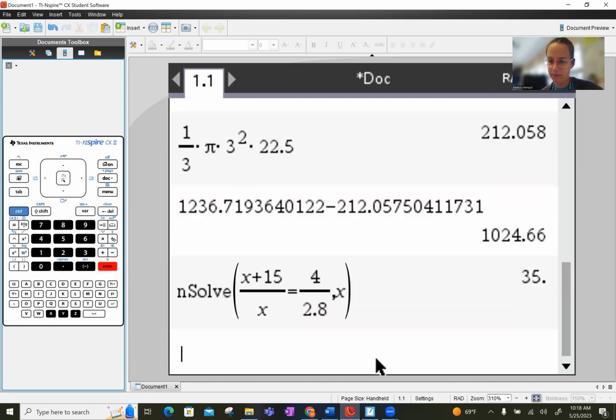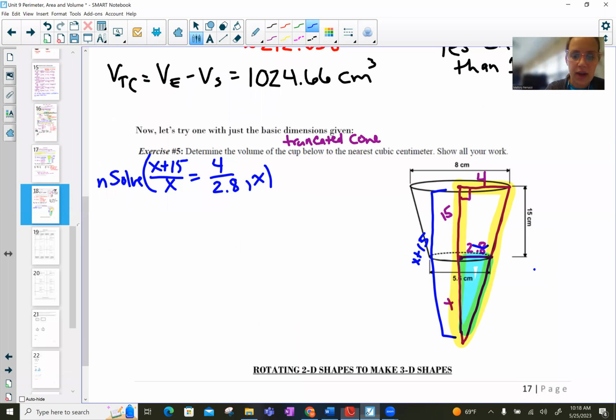Comma x. Okay, that's a nice number. 35, right out. So x equals 35. So what that means now is that this height is 35 and this one is now 50. Yay, we're almost there. It doesn't feel like it, but we are.